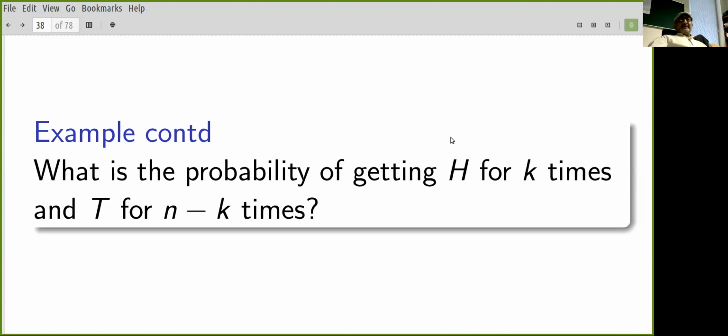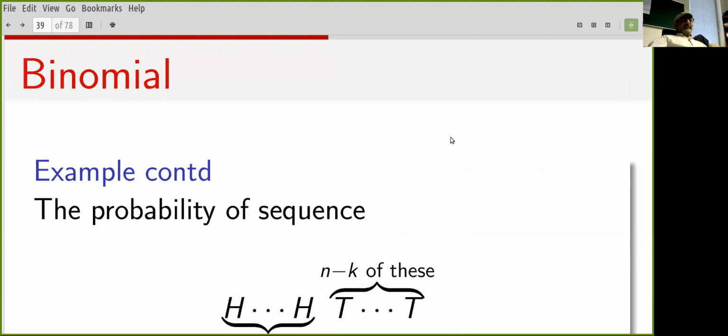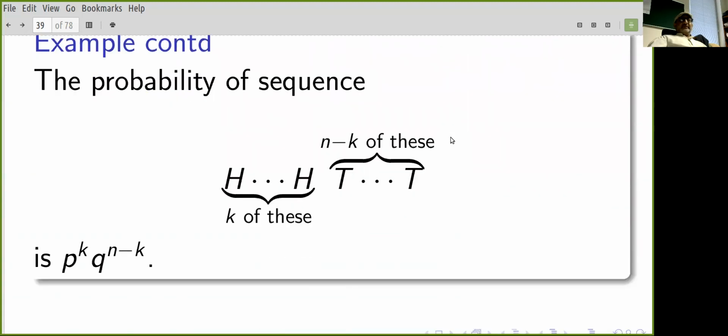Right? They all have the same, equally likely probability, because we get the probabilities by multiplying them since the flips are independent. So the probability of this particular sequence is p to the k, q to the n minus k. All the other sequences with k H's and n minus k T's have the same probability.